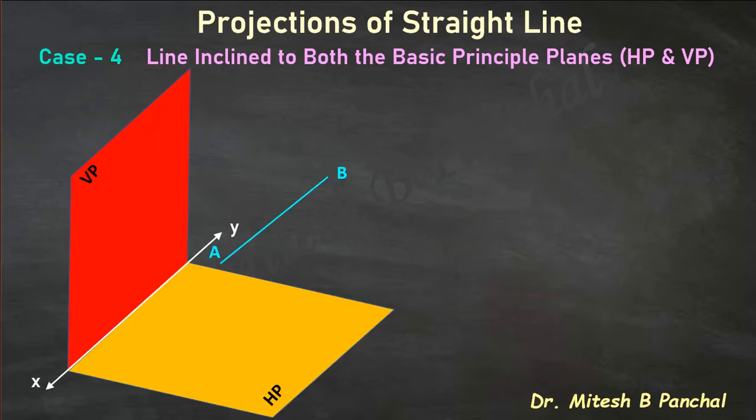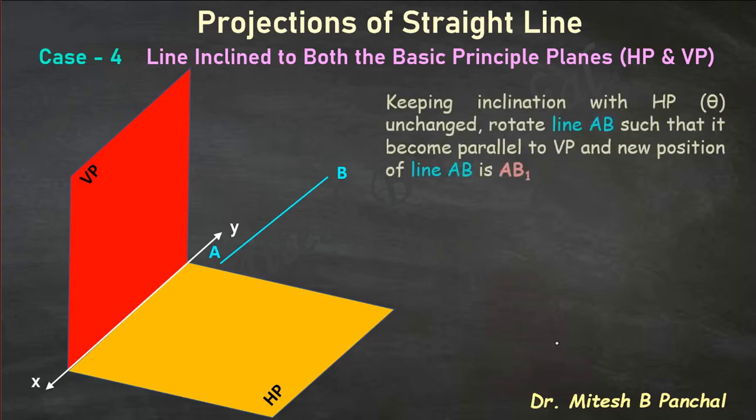So to obtain the solution, line is considered initially at its original position, and first we will rotate the line AB in such a way that its inclination with HP remains unchanged and the line becomes parallel to VP, and that new position of line AB is denoted as AB1. So for AB as well as AB1, the inclination with HP will remain the same, but AB1 is now parallel to VP.